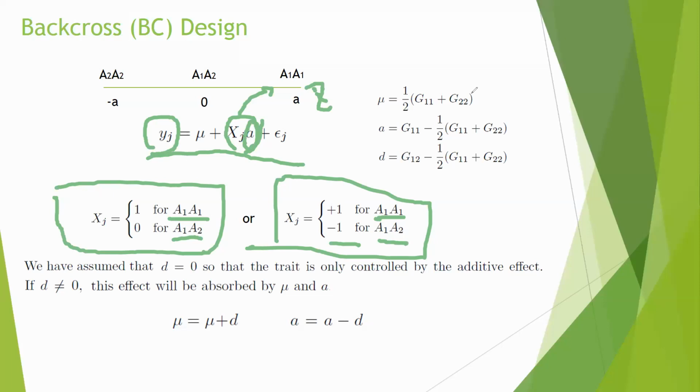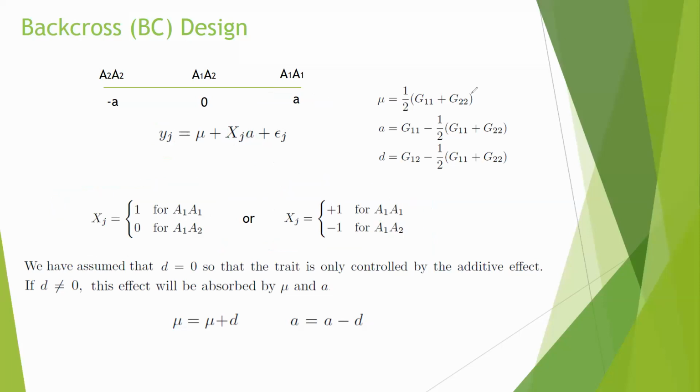Okay. Any questions here? Is that clear? So for backcross design, we use a simplified model for testing. I hope I made it clear. The reason we set up this linear model is to test whether this additive effect is real or not, right?